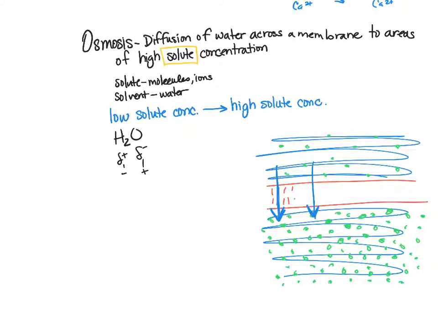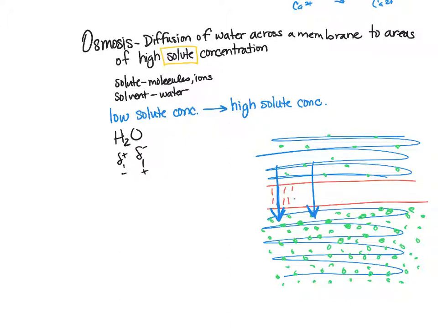The way that I often think about it is that what we're trying to do, in the same way that we want both sides of the plasma membrane to have the same amount of glucose, for example, and so we have diffusion moving from an area of high concentration to lower to make the glucose even on both sides, we want these solutes, whatever these are, these green ones, the glucose, the sodium, the chloride, to be in the same concentration on the inside of the cell as on the outside of the cell.